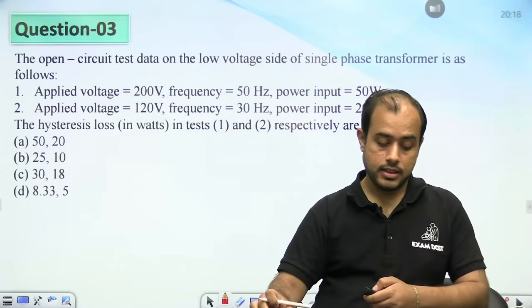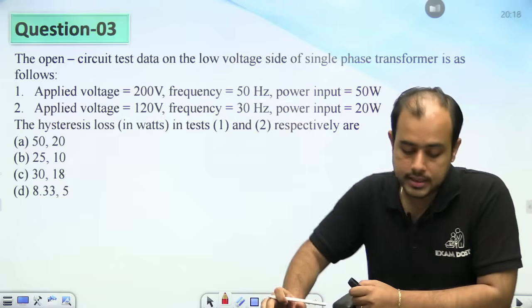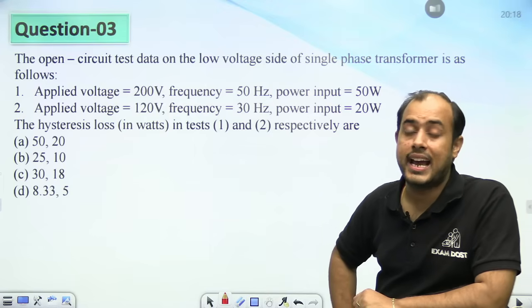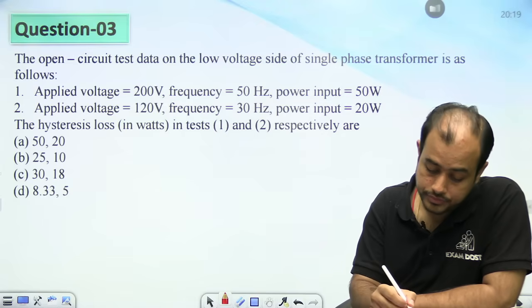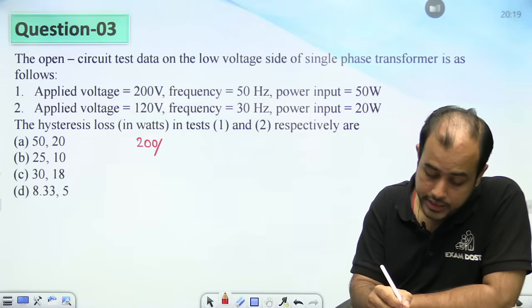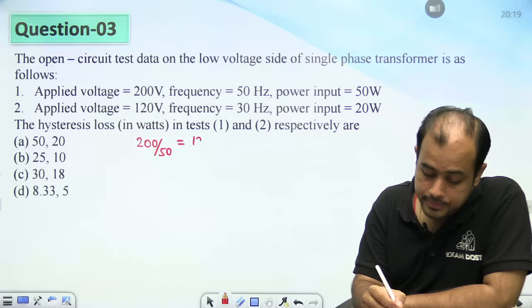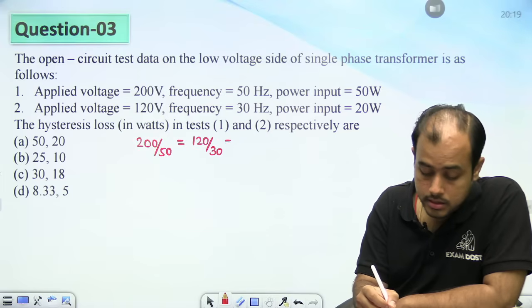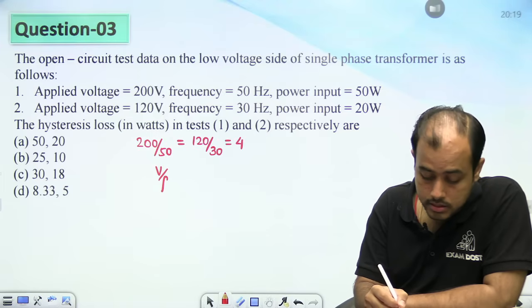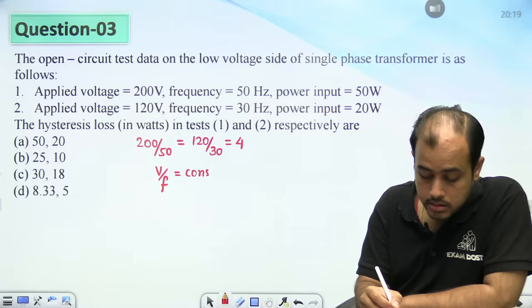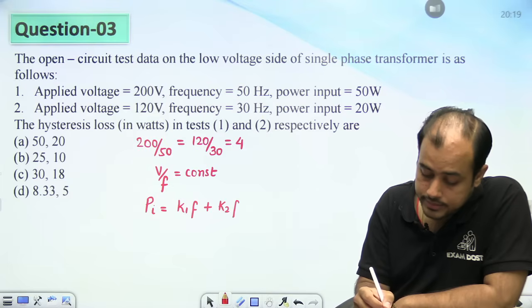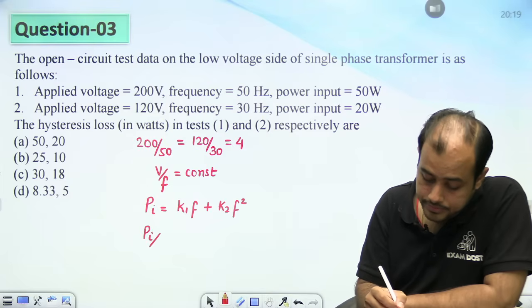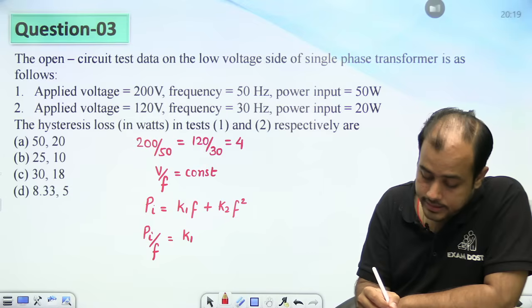चलिए, तो see this question. The open circuit test data on the LV side is given. Hysteresis loss is being asked. So if you see V by F, 200 by 50. So iron loss is like this. Correct? समझ में आया ना ये?